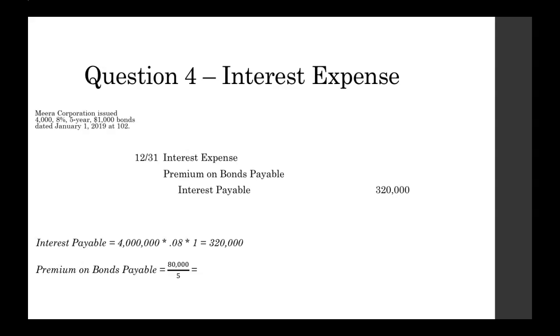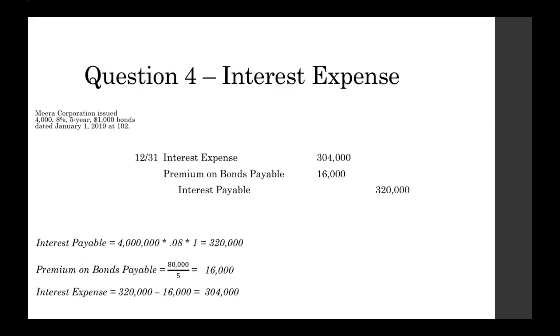Since this was annual interest, we divide by 5 because it's 5 years, 5 interest periods. So your premium amortization is $16,000. Then, your interest expense we find by taking the difference between our debits and credits. We take $320,000 minus $16,000, and we see that our interest expense is $304,000.